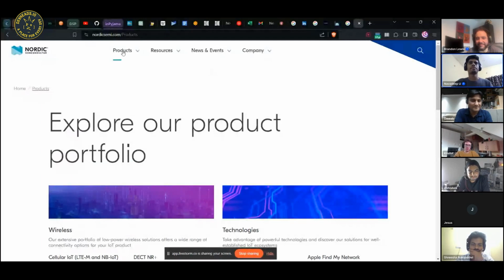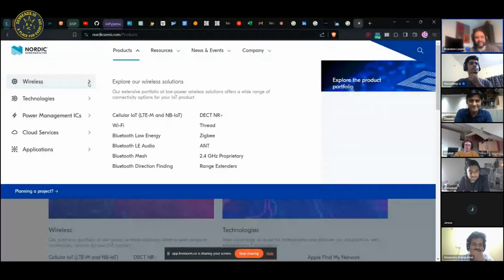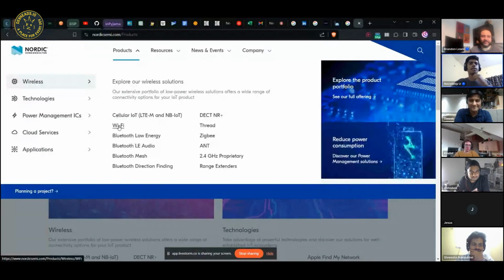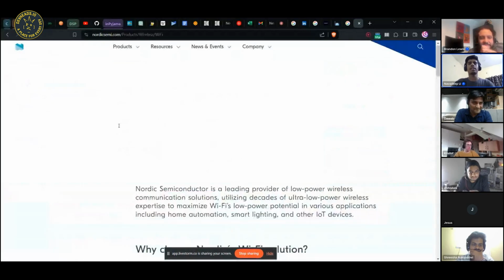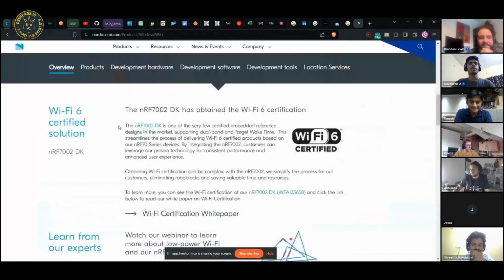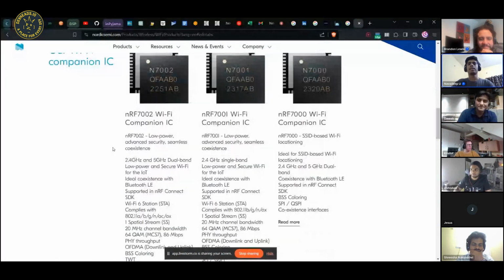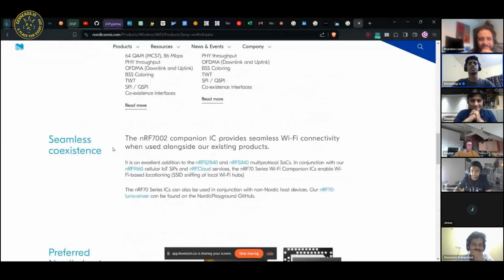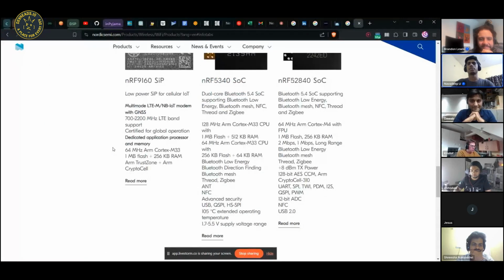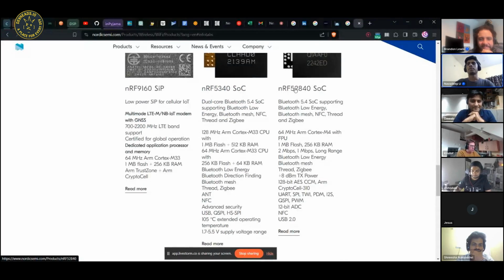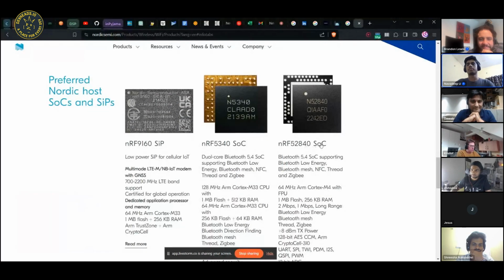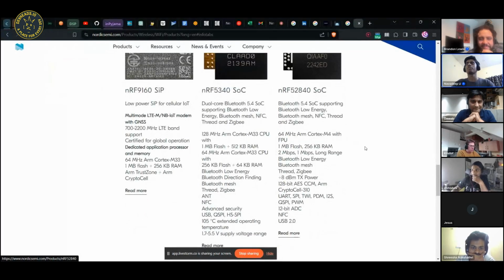It's up, right? Okay. So here, going to Wi-Fi, you find what all products they have, starting from the newer series all the way down to the nRF53, nRF52, and you look at what features you want.